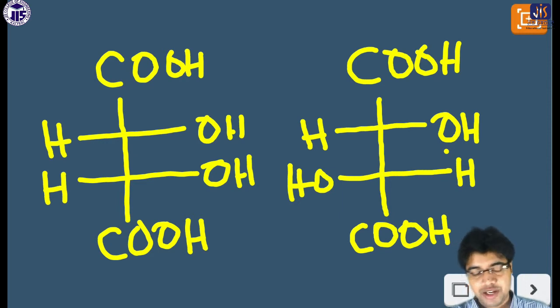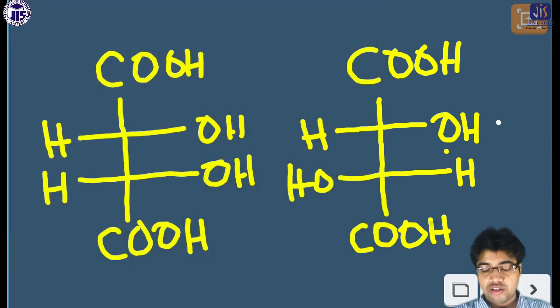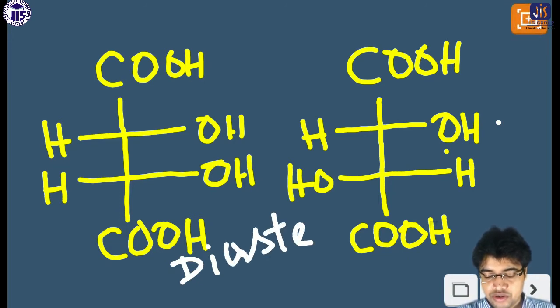If you look carefully, there is no mirror image relationship. If there is no mirror image relationship, what is the relation between these two? We call these two diastereoisomers.